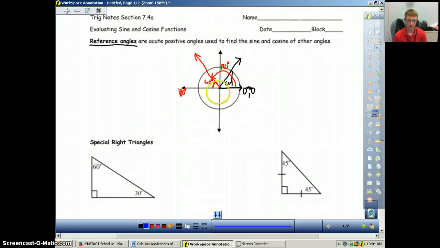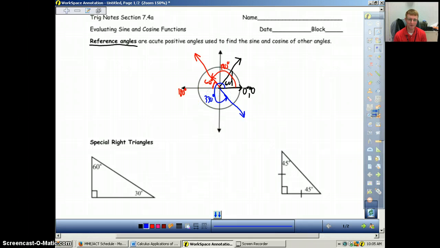Let's say we were down in the last quadrant and we wanted to go 330 degrees. So if we're going 330 degrees, there's our ray. Obviously, if we go all the way around, that's where the 330 degrees comes from.